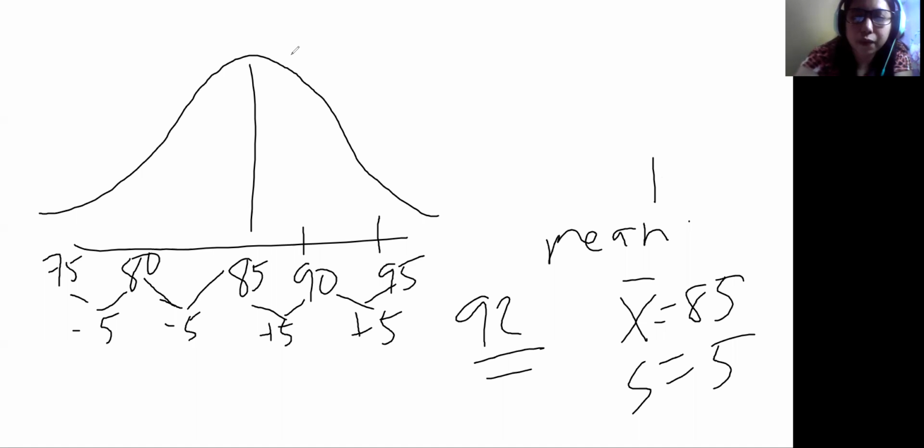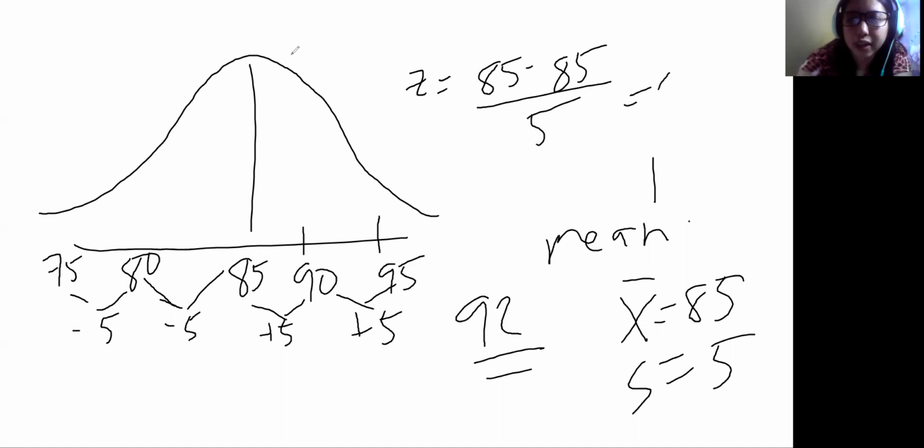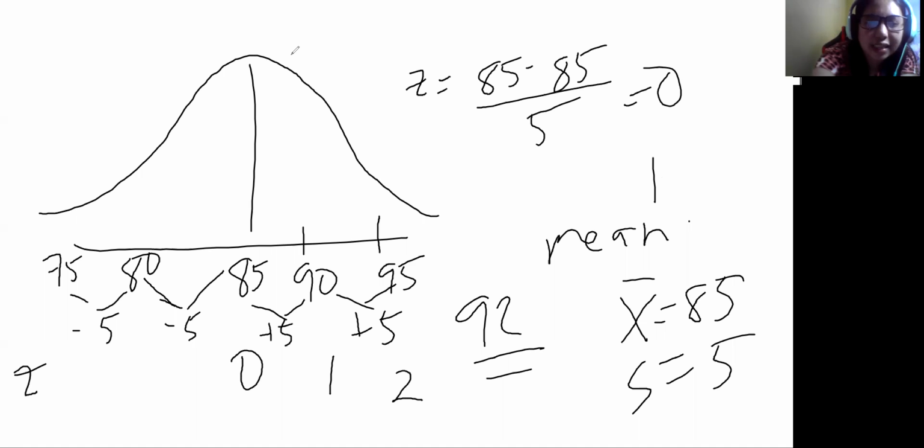So computation for the mean: z, if the score is 85 and the mean is 85, all over 5, of course you will get 0. So the z-score here is 0. The z-score for 90 is 1. The z-score for 95 is 2. The z-score for 80 is negative 1. The z-score for 75 is negative 2.